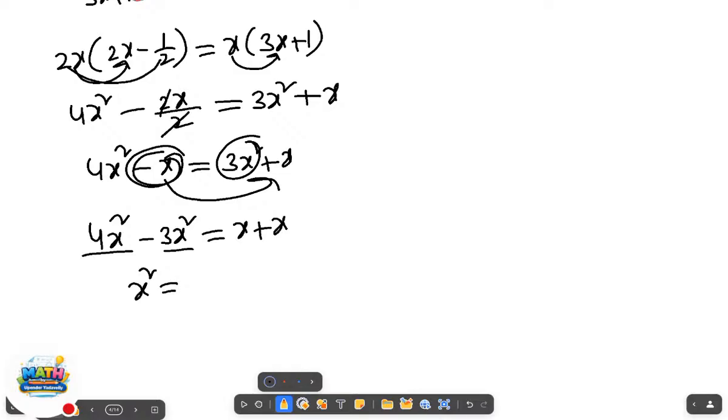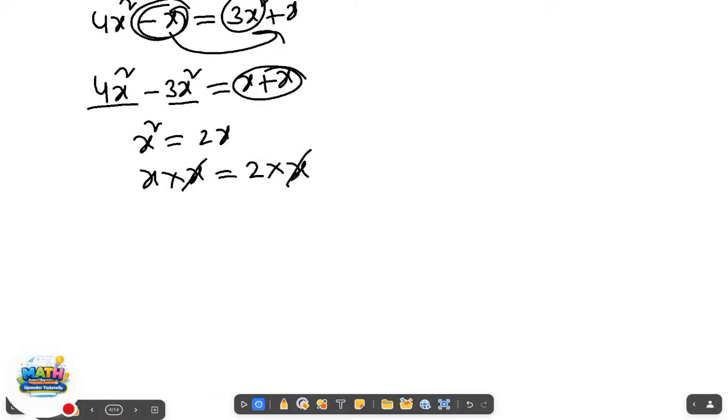Next, on the right side, x plus x is 2x. So on the left side x square, which is x into x, equals 2 into x on the right side. The 1x on the left and the 1x on the right get cancelled. Now we will have x is equal to 2. So that is the x value, 2.